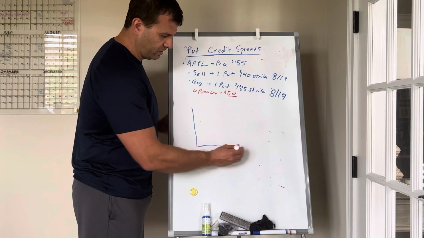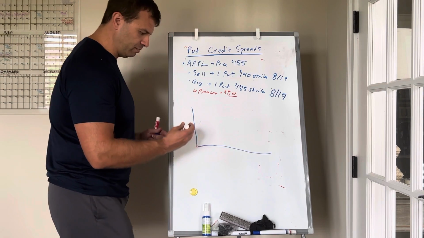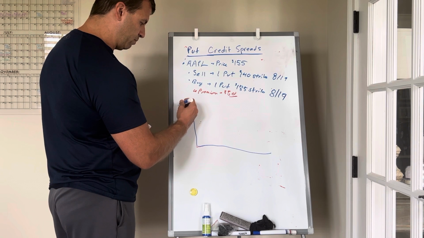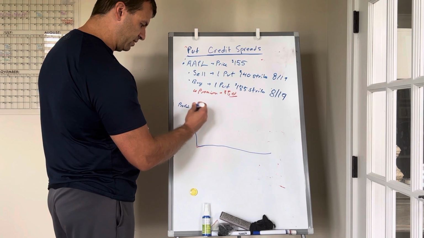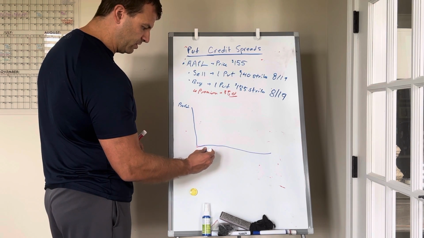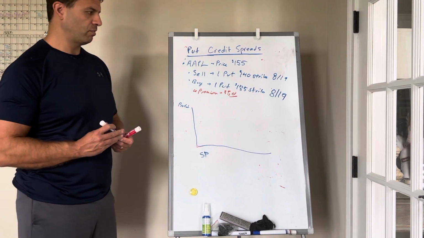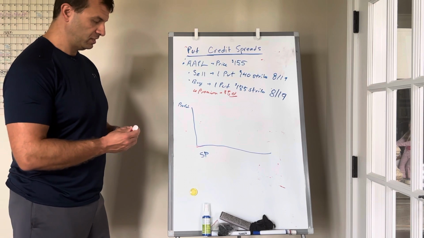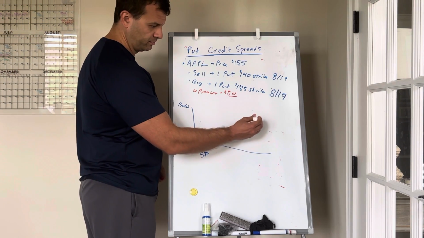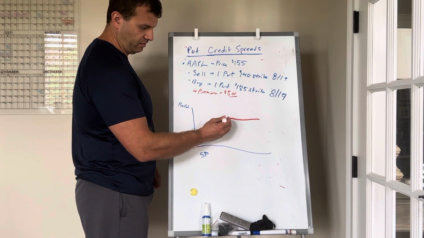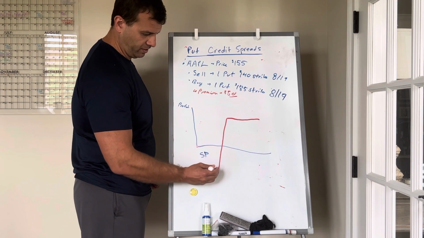So we're going to look at, the y-axis is going to be the profit, and this is going to be, I'm just going to do SP for share price. And the way this is going to work is here, and then eventually it's going to drop off and go down here.